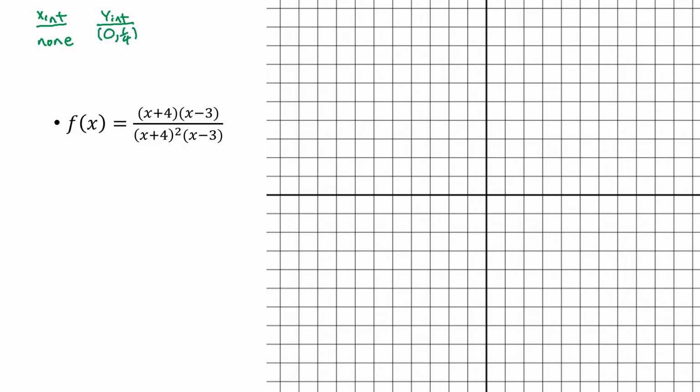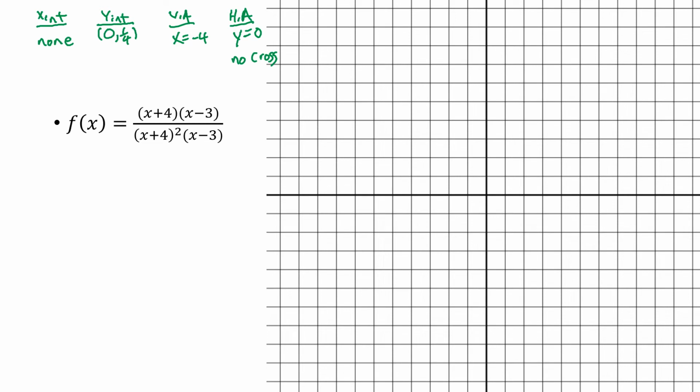We noted as well that the vertical asymptote was at x equals -4. We said that the horizontal asymptote was y equals 0 because the degree was bigger on the bottom. In terms of crossing, we said that it will not cross the horizontal asymptote.